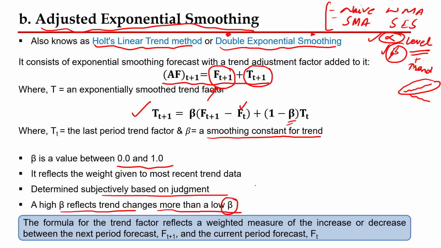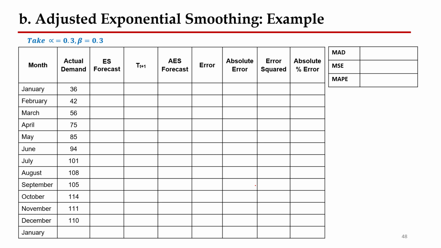Now the question is, using this adjusted exponential smoothing method, how can we find out the values? This is the FT plus 1 column, which we are going to compute by applying the simple exponential smoothing method. Once again, we are going to skip the first value.